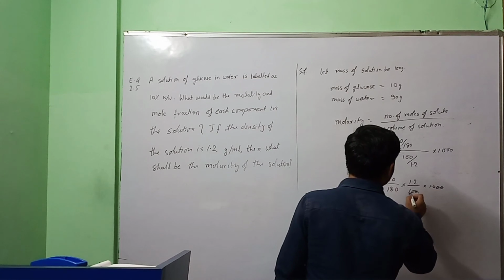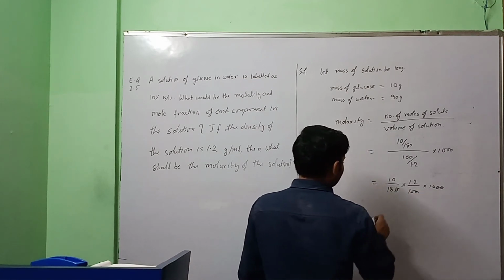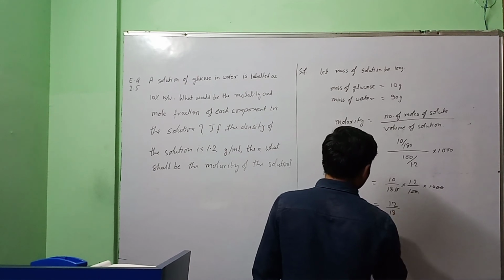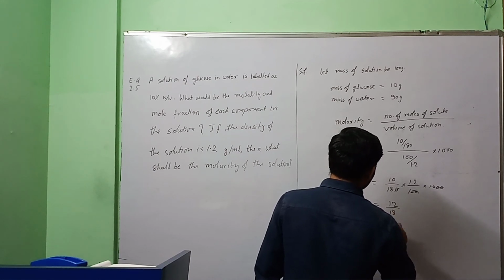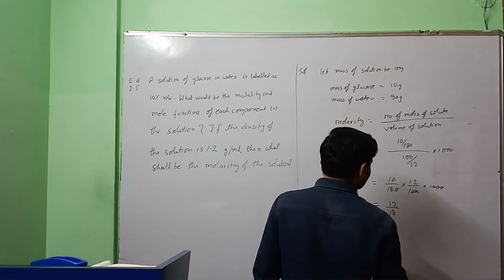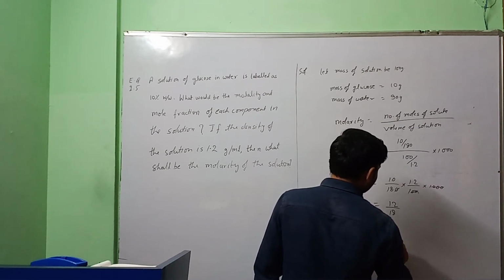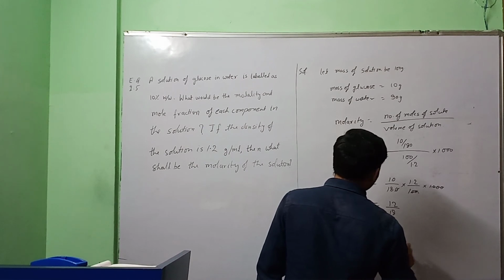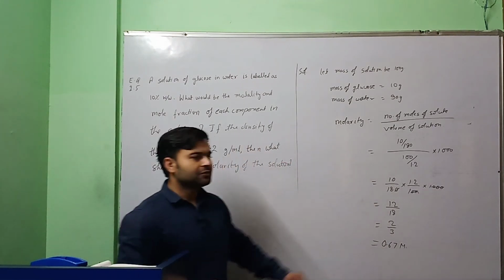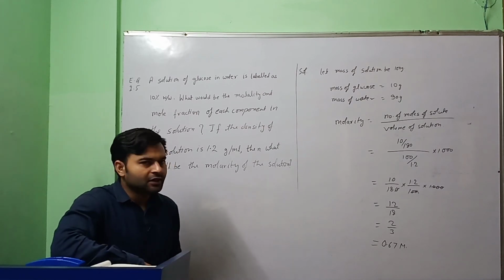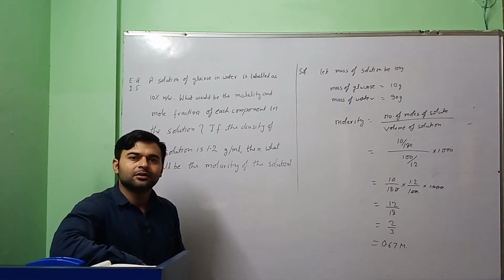So these 3 zeros are cancelled. We will get 12 upon 18, which is equal to 2 upon 3, and the final answer will be 0.67 m. So the molarity of the solution is 0.67 m, which is the answer to the question.